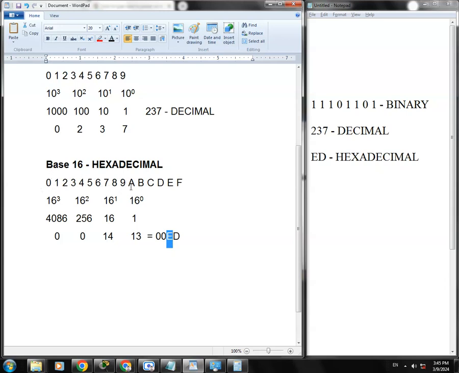Then on this letter E, if we take a look at the characters, it is 9, 10, 11, 12, 13, and then 14. So the letter E is the number 14.